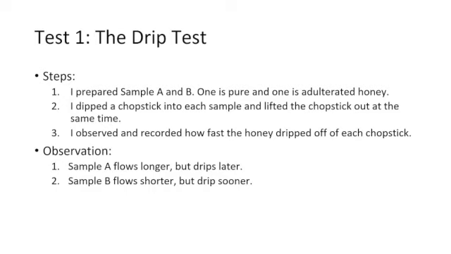The observation result is that sample A flows longer but drips later. Sample B flows shorter but drips sooner. So I also recorded those experiments. So please watch the video.